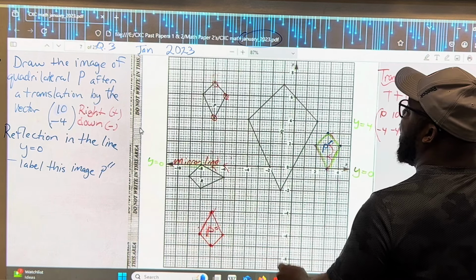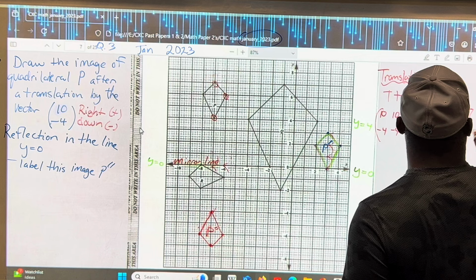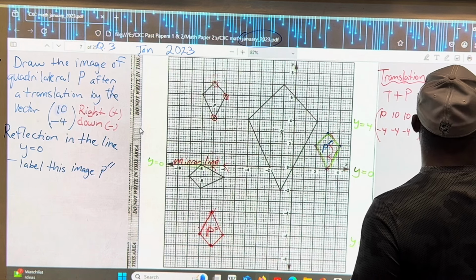Negative 7, 4, and the last one. 8, 6. Good.